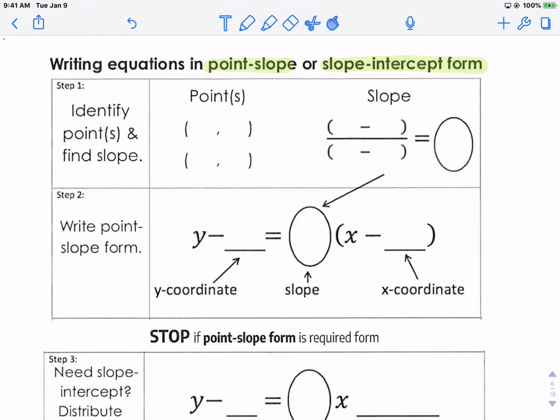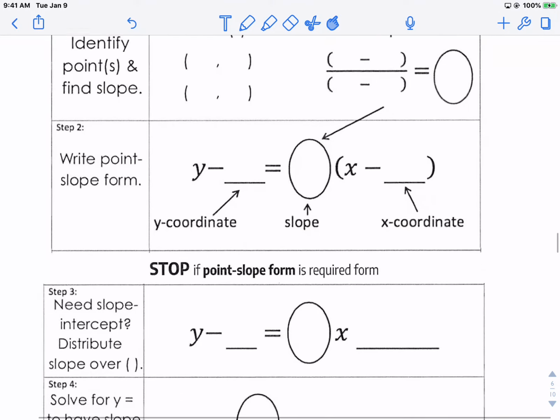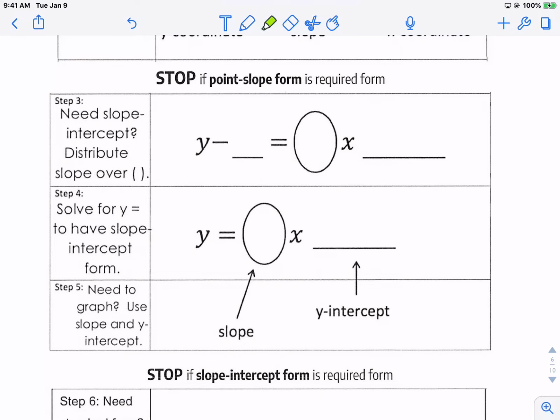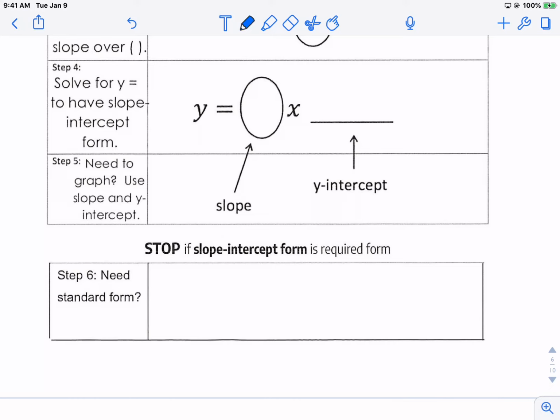And it kind of gives you some steps to go through and shows you how you might plug things in and when to stop depending on the form that they ask you for. So you stop after the first 2 steps if point slope's the form they asked for in the directions. You keep going through steps 3, 4, and 5 then if the form that they asked you was slope intercept. None of yours are going to ask you for standard form tonight, so we're going to leave that one alone.